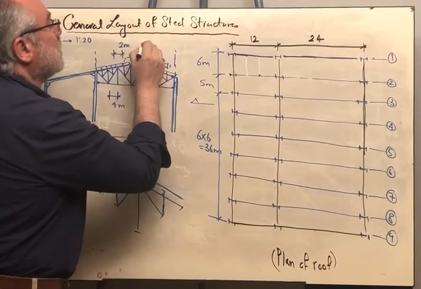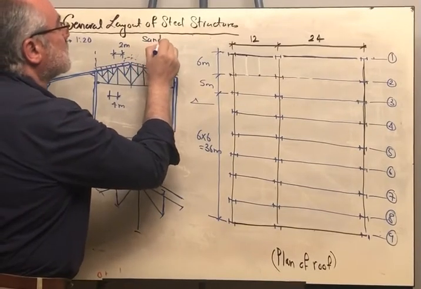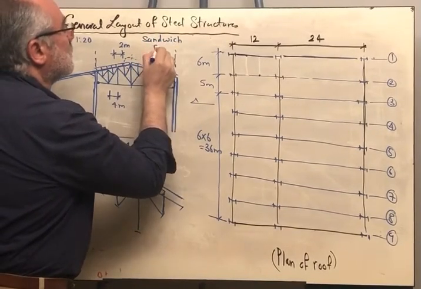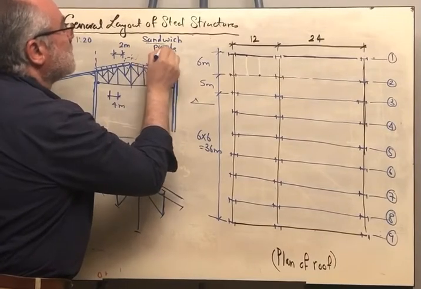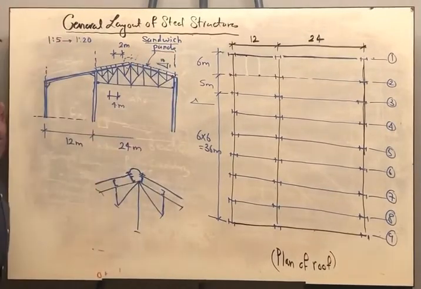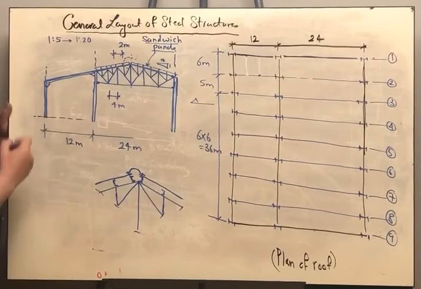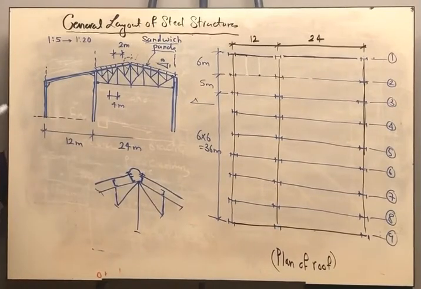The cover will be sandwich panels, the one that is used to isolate the temperature. And here we can take the spacing between the purlins ranging from 1 to 2, so it is 1.5 for example, and we can have the cover corrugated sheet.